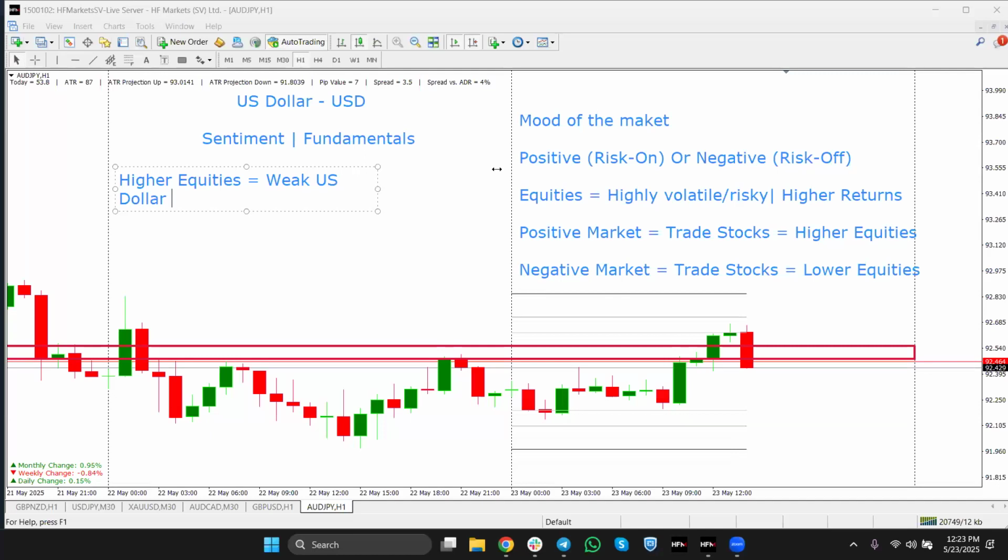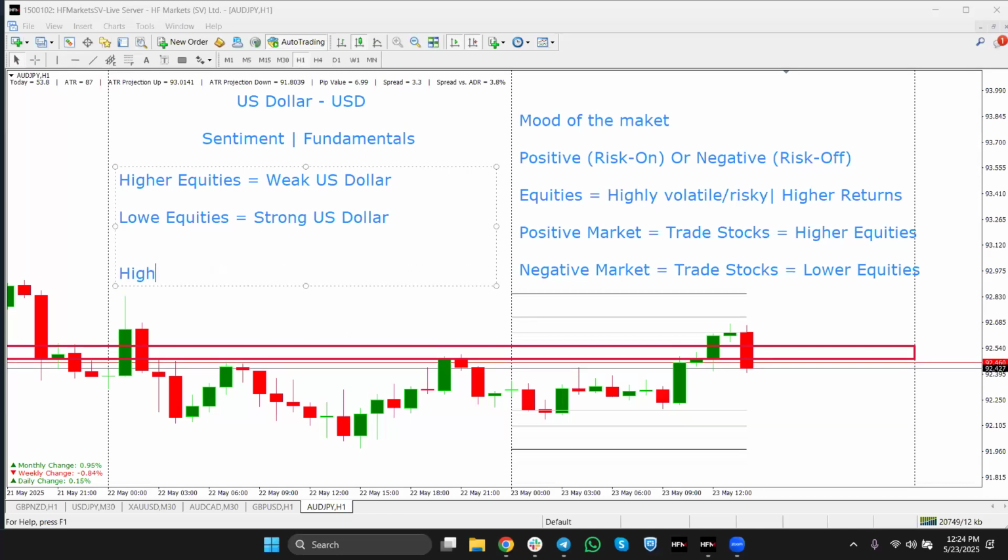Because money left the US bonds market, which means investors lost confidence in the US economy as a whole, and they don't think it is worth investing in the bonds market, and they're taking their money straight into the equities market. But lower equities means people are taking money away from the stock market, and there's only one other location they can take it to, which is the US bonds market, and that gives us a strong US dollar.